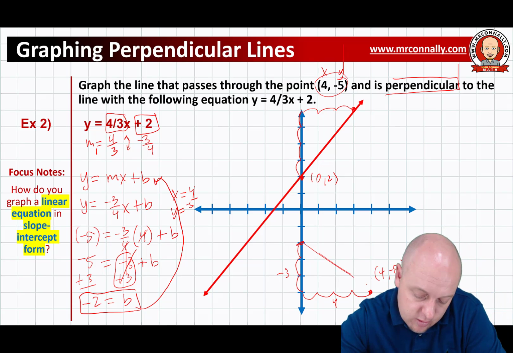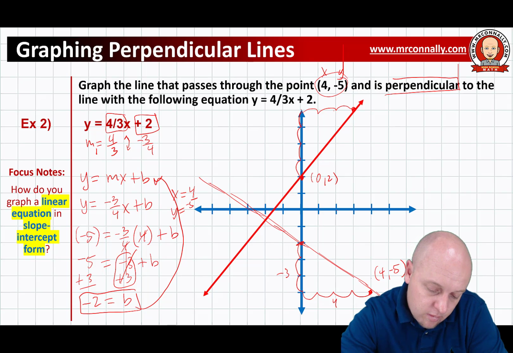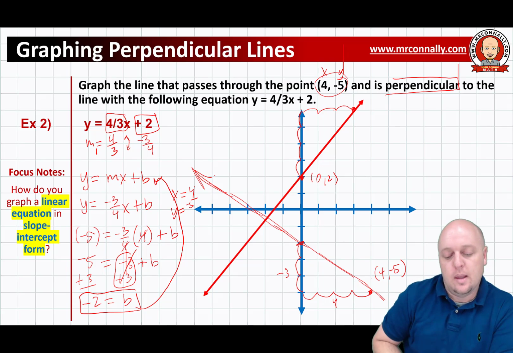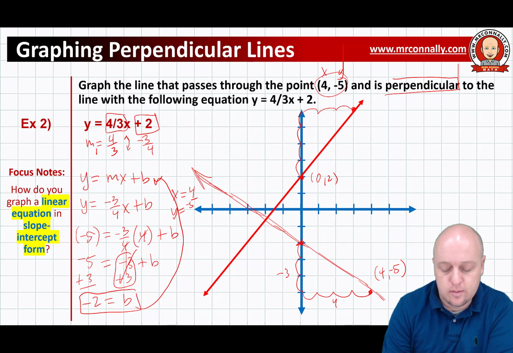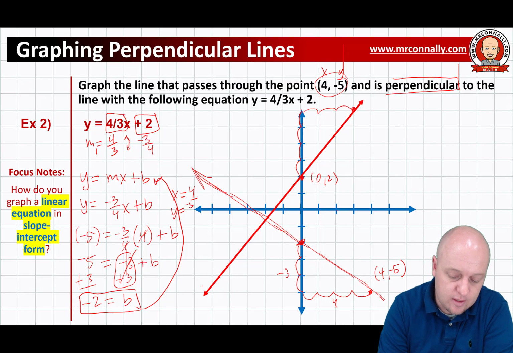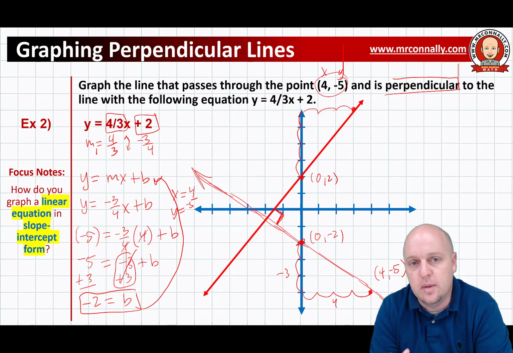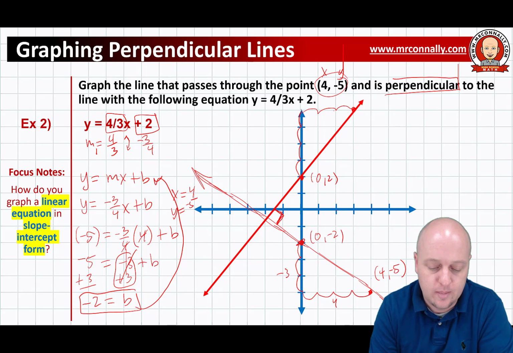Okay, and so we just sketch our line through there. And you can use this point right here. This is actually the y-intercept, which is -2, which we found out anyway. And you draw it through there, and it will make a 90-degree angle right there. You can measure with a protractor if you wanted to.